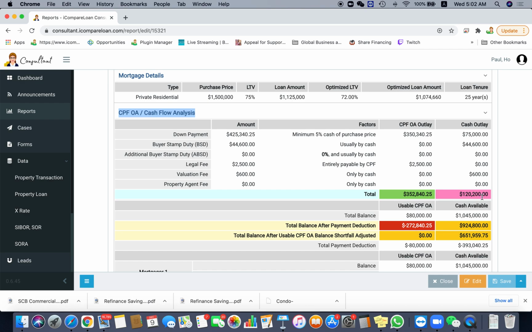In this case, 120 is payable by cash, and she has 1.045 million, and the balance after deducting this is 929,000. And the CPF has a shortfall of 272. Obviously, that has to be paid in cash, so we minus these two out. After paying for the CPF shortfall in cash, she still has a balance of $651,000, right? After payment deduction of all this amount.